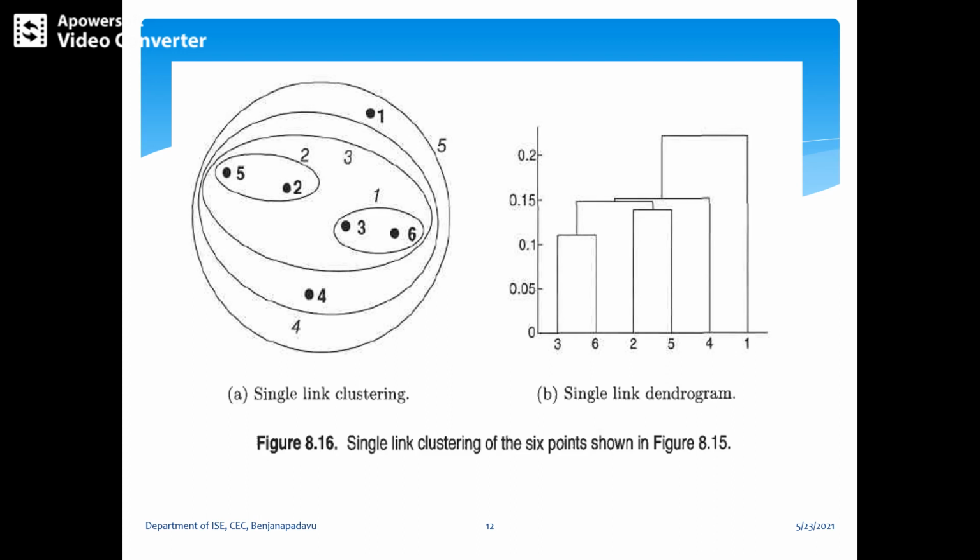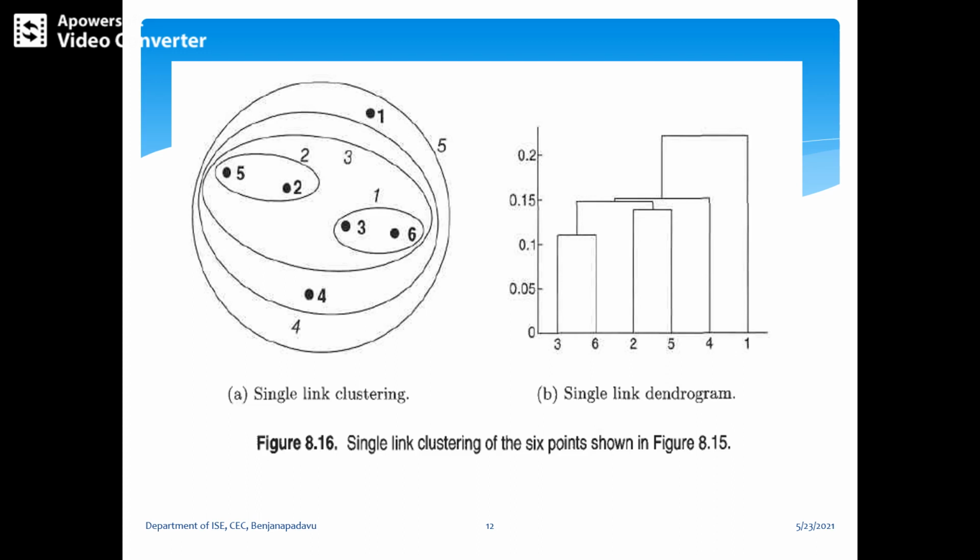The 6 points we have taken here are point 1, 2, 3, 4, 5, 6. Figure 8.16a shows the nested clusters as a sequence of nested ellipses. The numbers associated with the ellipses indicate the order of the clustering.